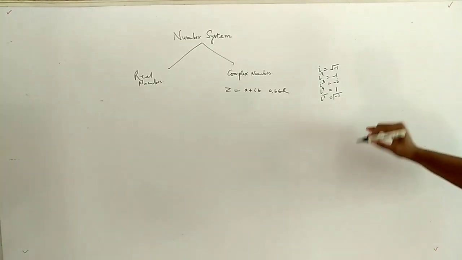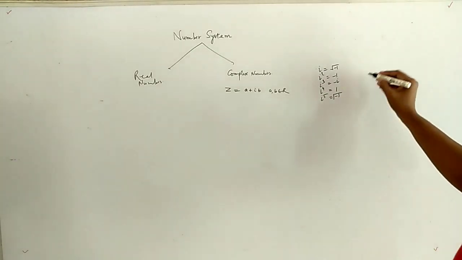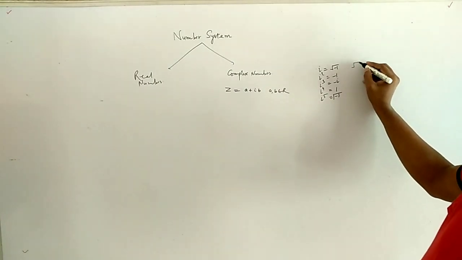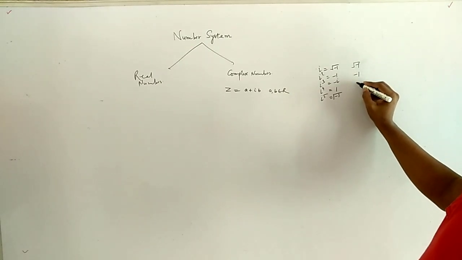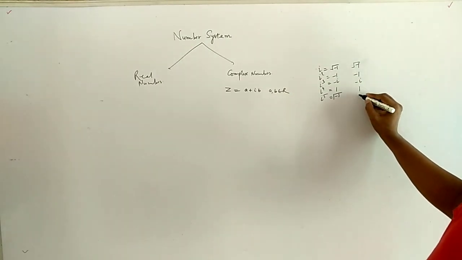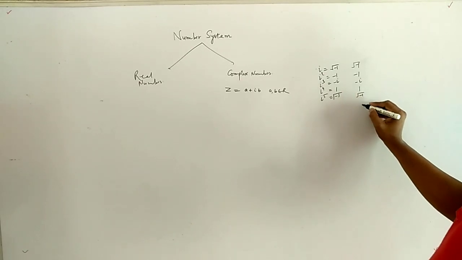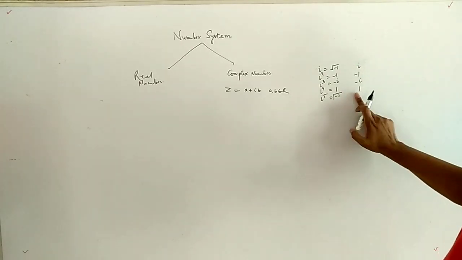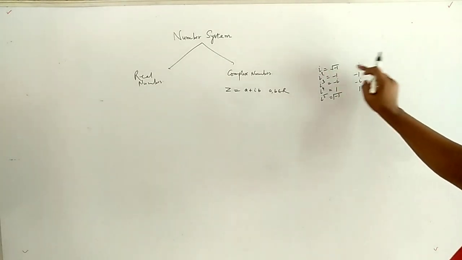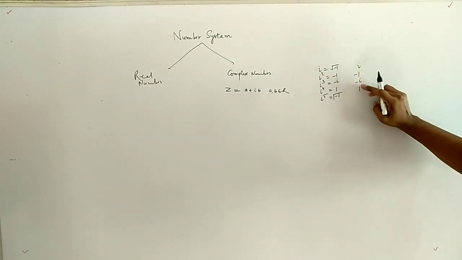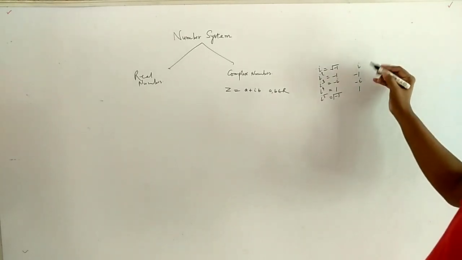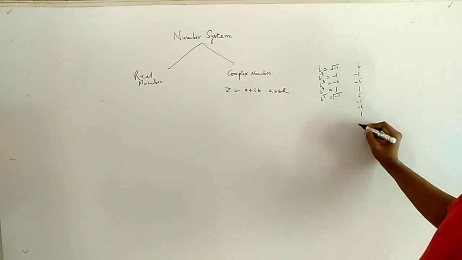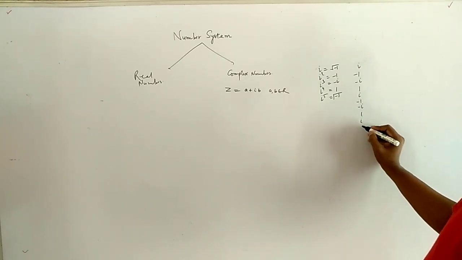So if you keep on multiplying, it goes from under root minus 1, to minus 1, to minus i, to 1, and back to i, just like that.